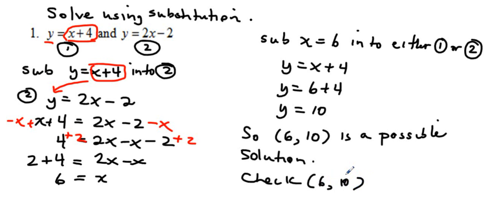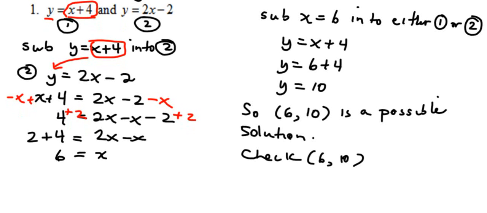So what we do to check is we substitute the 6 and the 10 back into our original equations. So again, I'm just going to write down y equals x plus 4. And I'll write down the other equation, y equals 2x minus 2.